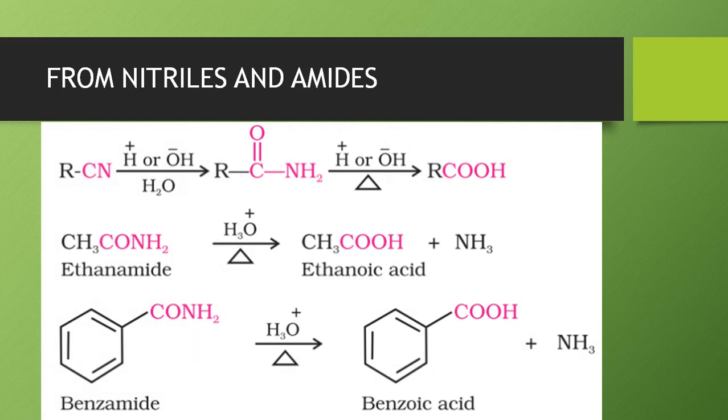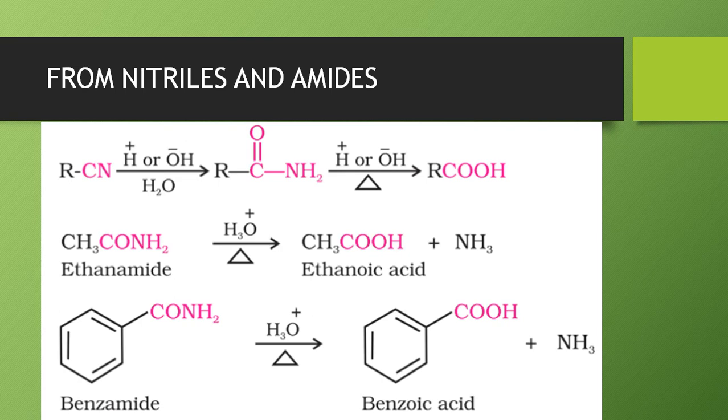Next method of preparation is from nitriles or amides. Nitriles can be hydrolyzed to amides and then ultimately to acids in the presence of acidic or basic medium. You can also stop this reaction at amide stage while using mild reaction conditions.